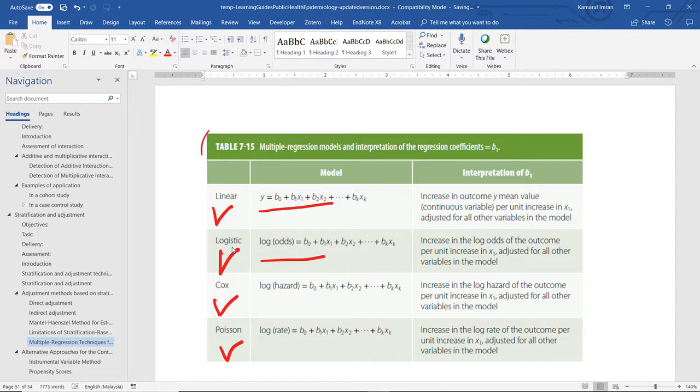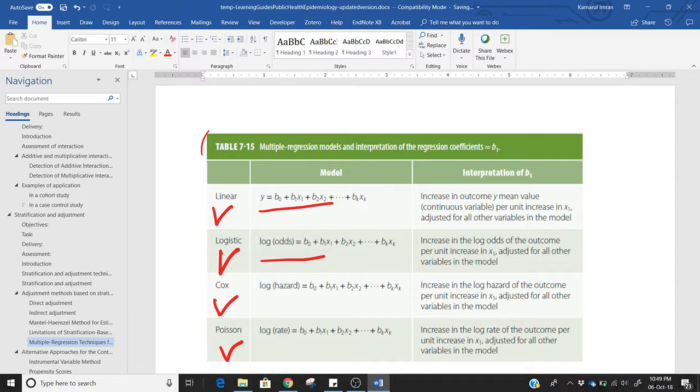I will not spend too much time on that, but you need to read this chapter and understand briefly linear regression, logistic regression, Cox and Poisson, from the perspective of epidemiology.